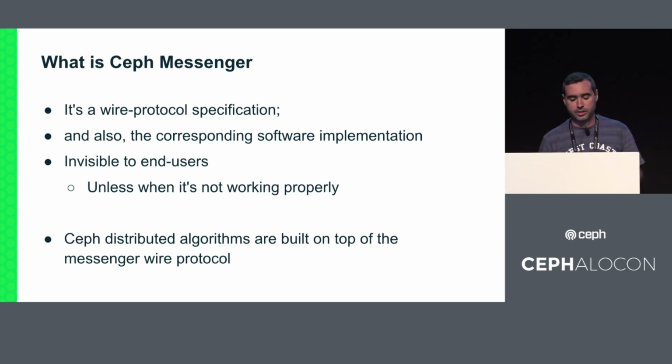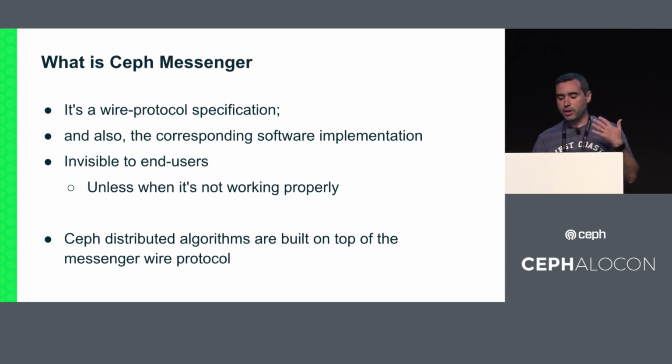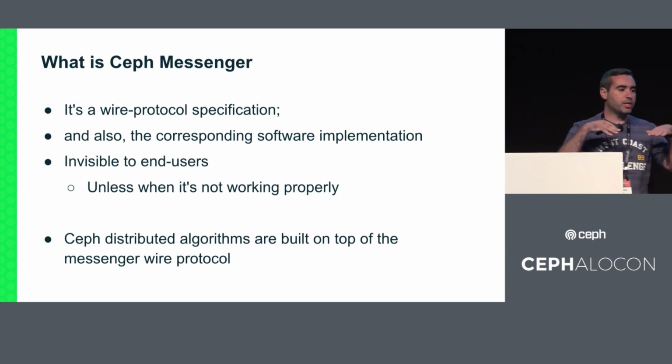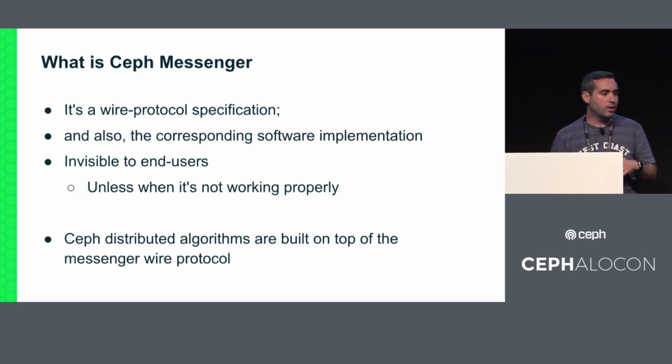Some problem exists in your cluster. Also, one important thing is that the Ceph distributed algorithms, the OSDs, the PG peering, the Mon quorums, are all built on top of Ceph Messenger. Messenger is just the communication library. It doesn't know anything about what's going on above.